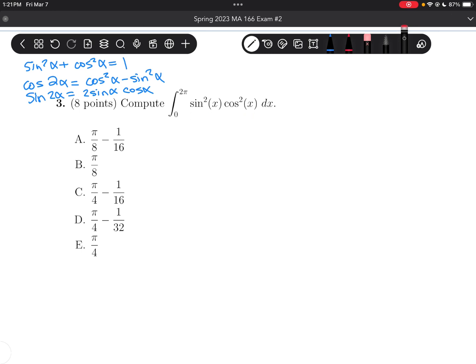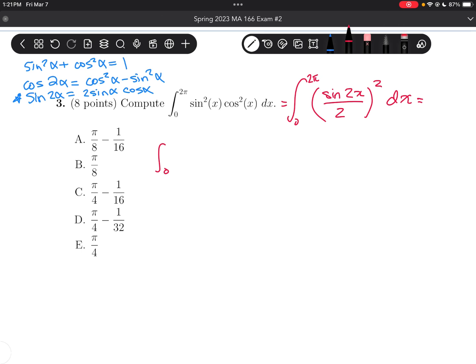So in this problem, the best strategy is to use the double angle identity for sine 2 alpha to simplify this expression. Sine of 2 alpha is equal to 2 times sine alpha times cosine alpha. By the double angle identity, this expression is equal to sine of 2x divided by 2, squared.